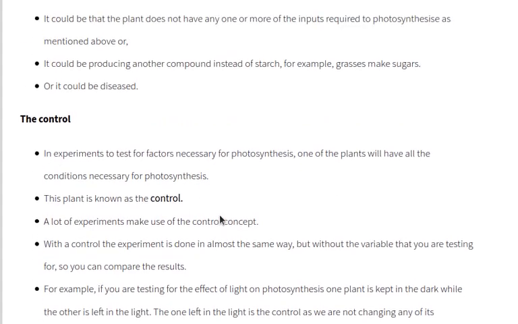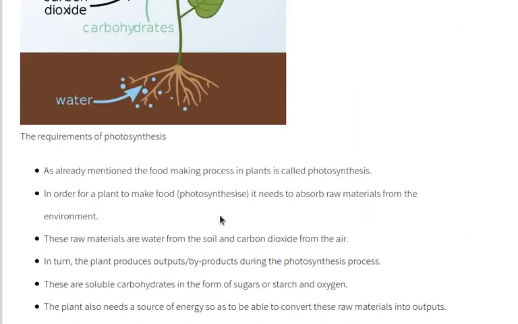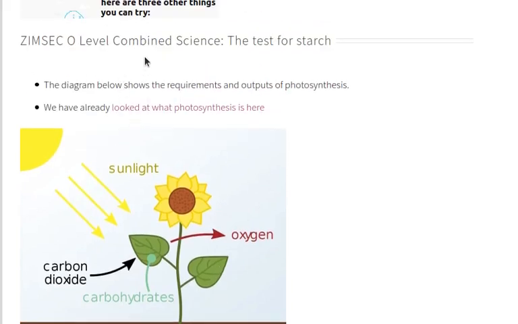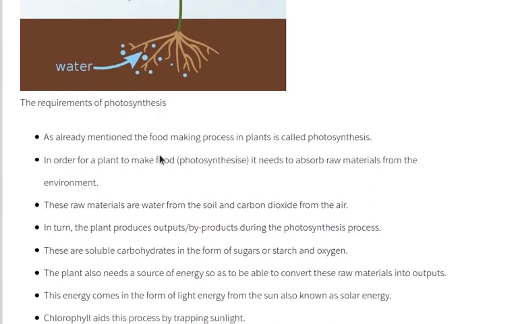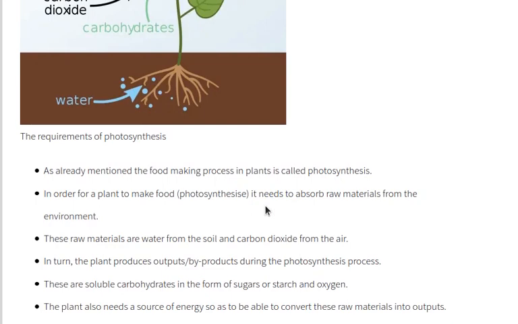That's pretty much it on the part where we were discussing the inputs of photosynthesis. We say that the raw materials of photosynthesis are what? Just two. We need water and carbon dioxide. Then the conditions necessary, we're saying that there's supposed to be the presence of chlorophyll and the presence of light, right?